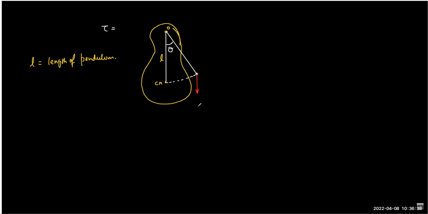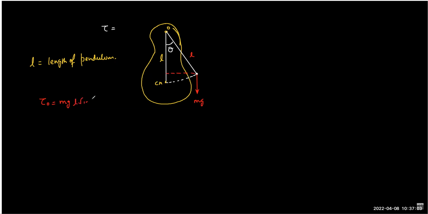For the obvious reason, we want the linear relationship between the angular displacement and the angular acceleration. So this is L. So torque about O will be mg multiplied by this length, which is L sin theta.